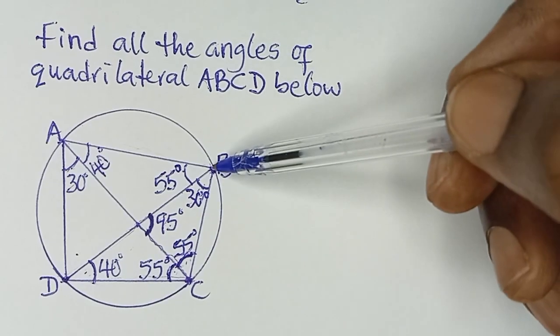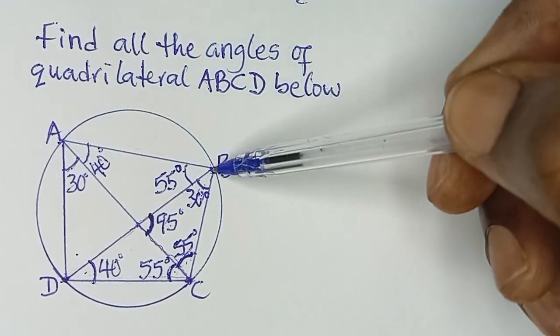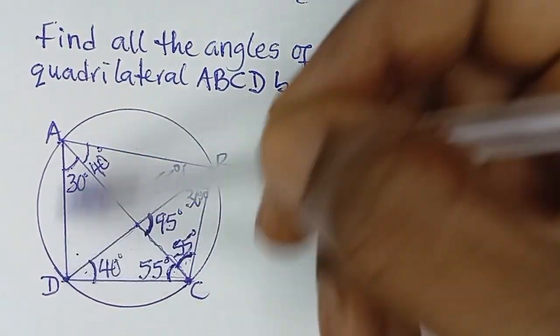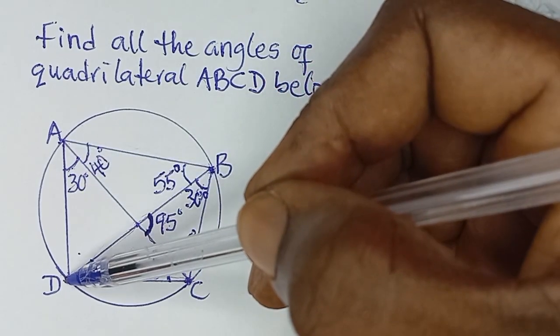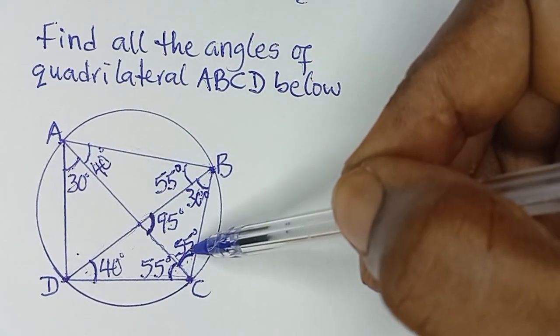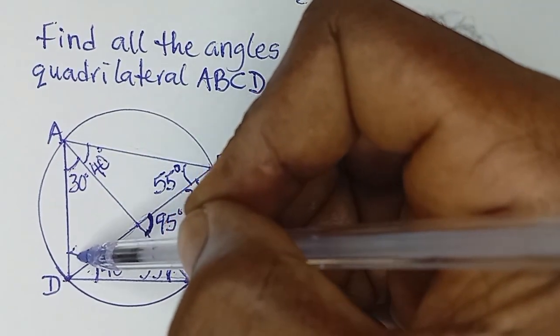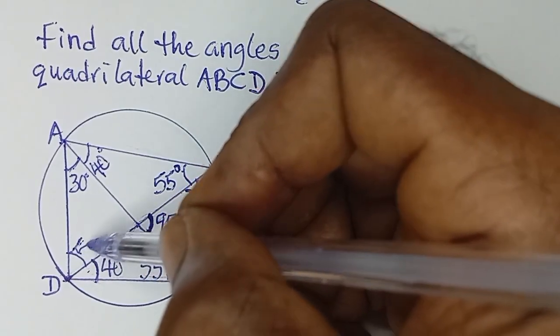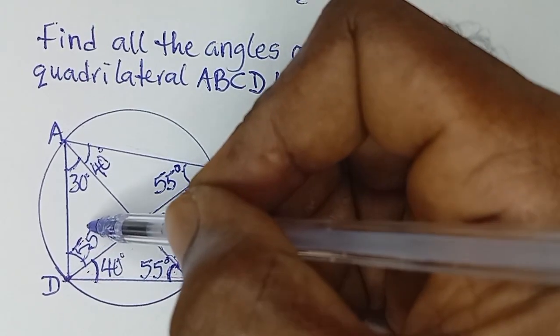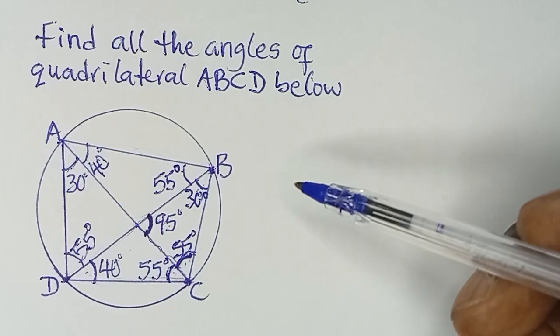Similarly, from the same points A and B, we have this angle going to form this part. So this 55 degrees will also be equal to this angle because they are angles in the same segment. So this will also be 55 degrees.